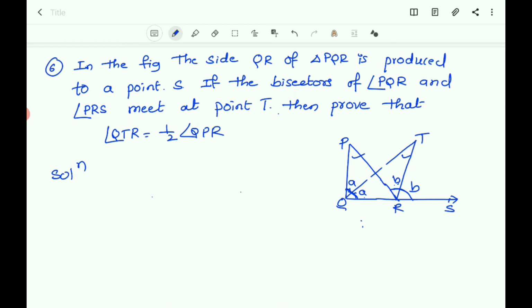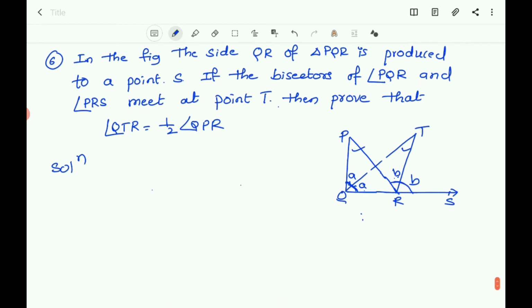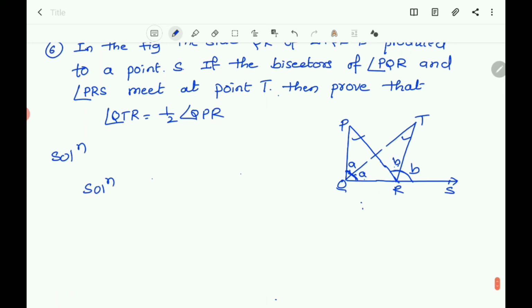Here it is given that QT is a bisector of the angle PQR and RT is the bisector of the angle PRS, and QT and RT meet at a point T. Angle PQR is bisected by QT, angle PRS is bisected by RT. Let us have the solution.